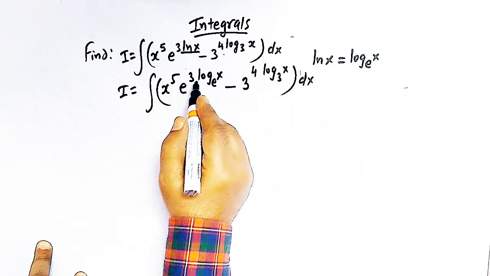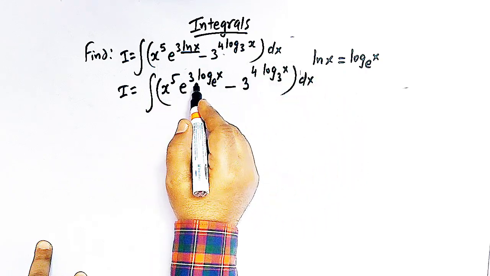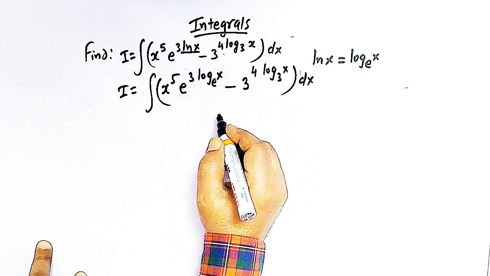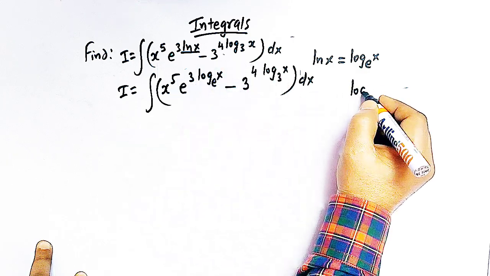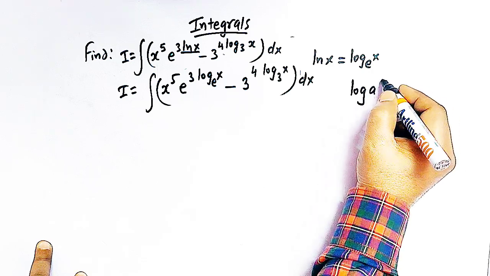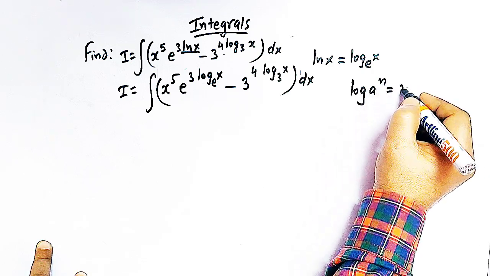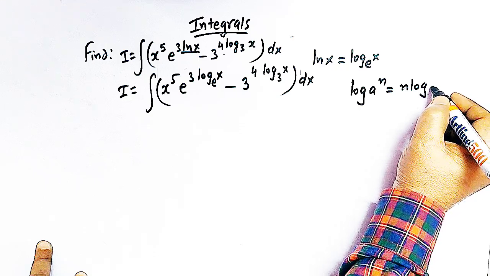Okay, so now here we can also make use of the power rule for logarithms, that is, log of a raised to n is given by n times log of a.